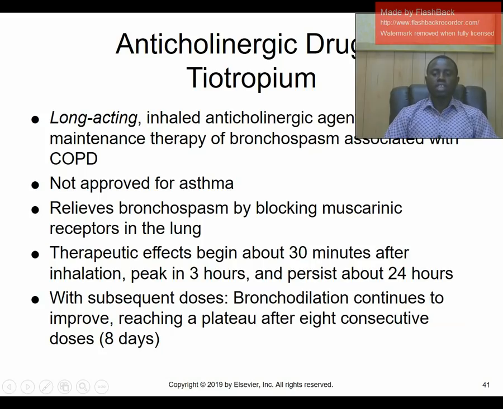The therapeutic effects begin about 30 minutes after inhalation, so this is not a rescue inhaler, and peak in about 3 hours and persist for about 24 hours. With subsequent doses, bronchodilation continues to improve, reaching a plateau after about 8 consecutive doses, which will be basically 8 days of use.